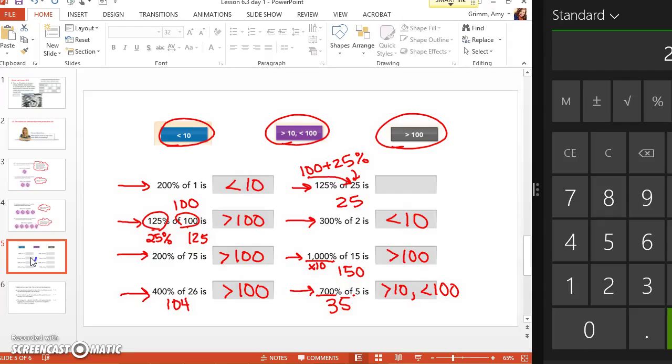Okay, you could do 0.25 times 25. So 0.25 times 25 is 6.25. Then what do I have to do? Add that to the 25 that I already had. So how much is that? 31.25. Good.